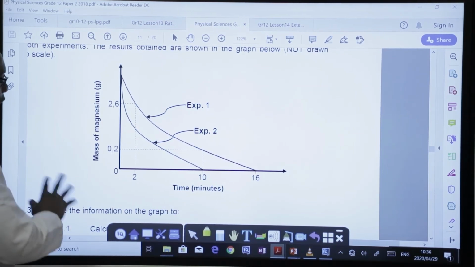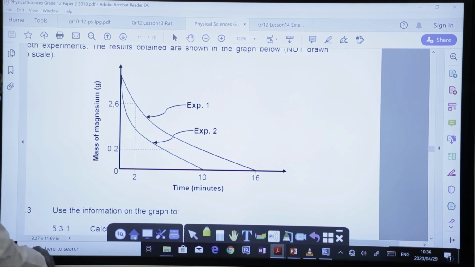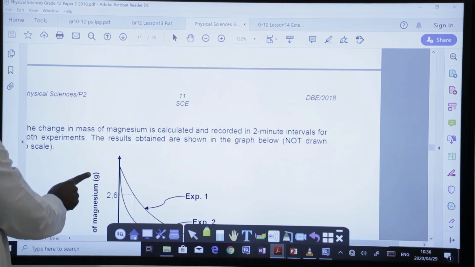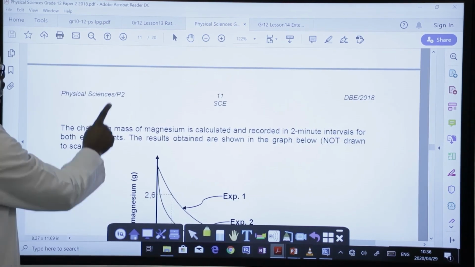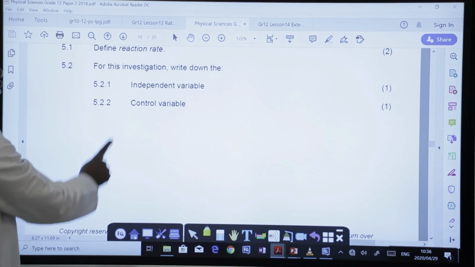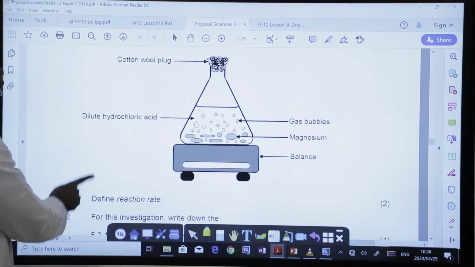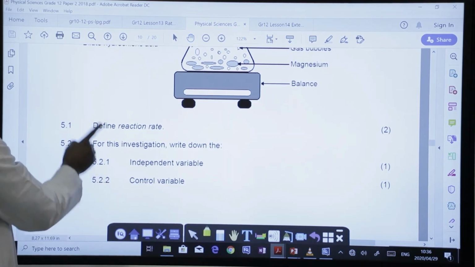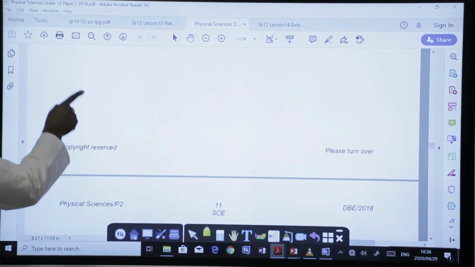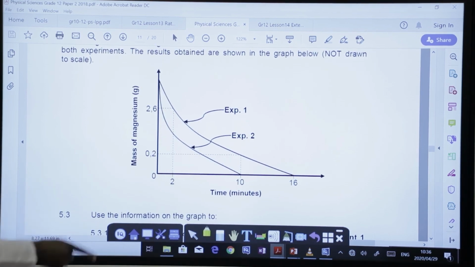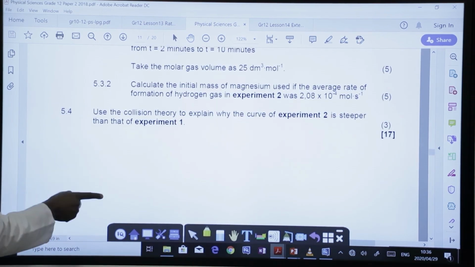So this is how we expect you to answer these typical examination questions, from your understanding of what happens right from the experimental part, putting together your interpretations of the reaction process itself, and then you make use of your information to answer all these questions.